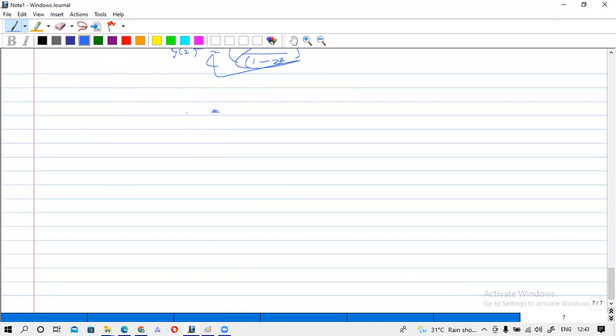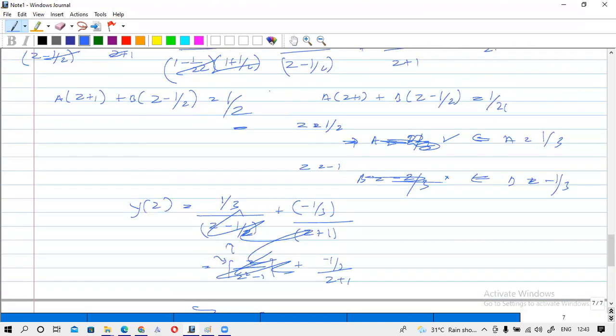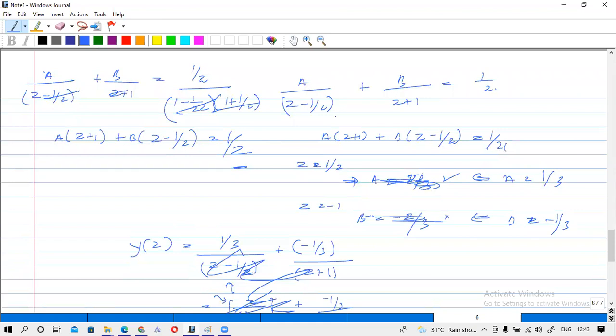You can see that we have already done the partial fraction of Y(z). So for Y(z) we have 1 by 3. Please forget these things. 1 by 3. This is not z, this is z and this is not z. I just confused that.